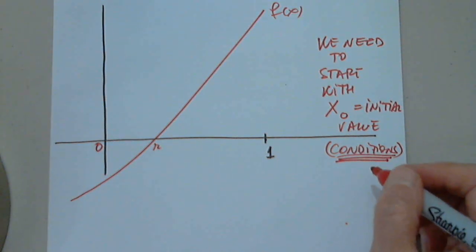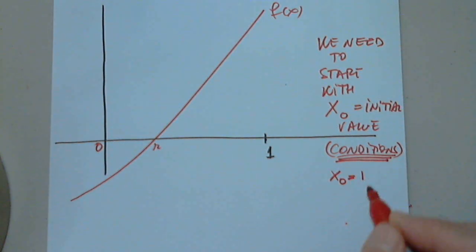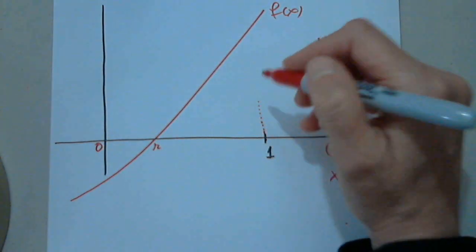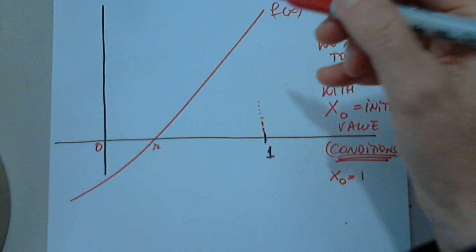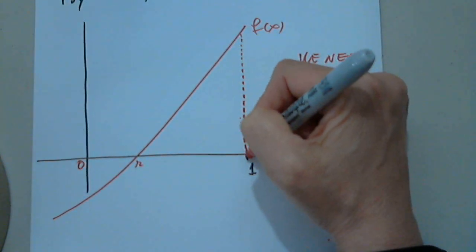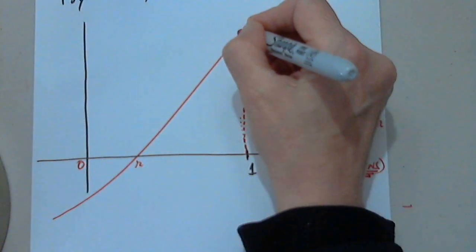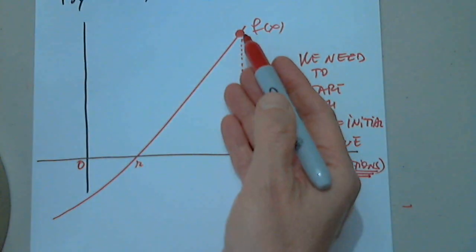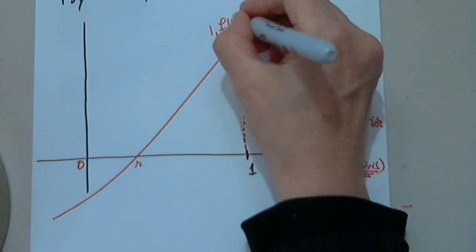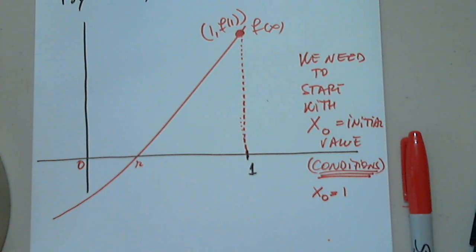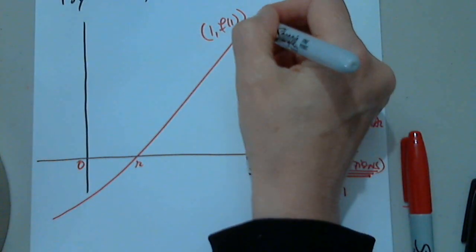So let's suppose we start with 1. Newton said this: go up vertically, if I can. Can I draw a vertical line? I think I can. Okay. Determine this point. Well, very easy. 1, f of 1. And from there, draw a tangent, of course. The whole thing is about tangents, right?